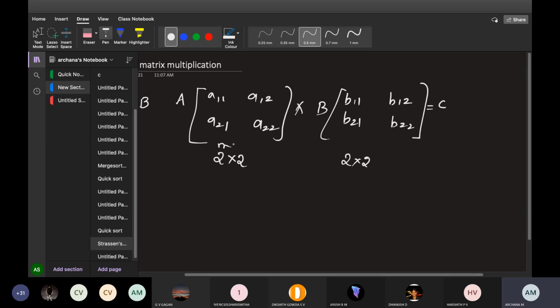For example, this is M cross N and this is L cross P. What is a very important thing when you multiply two matrices? Always see that the number of columns in the first is equal to the number of rows in the second matrix. These two should be equal. The others can be anything. Only then can you multiply the matrices.